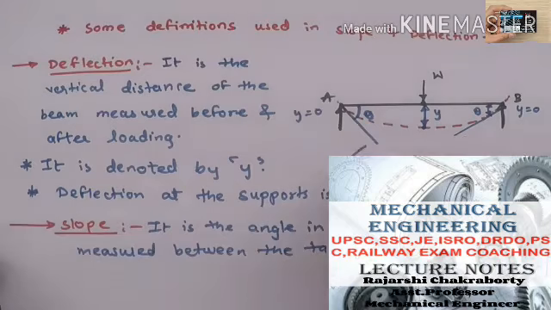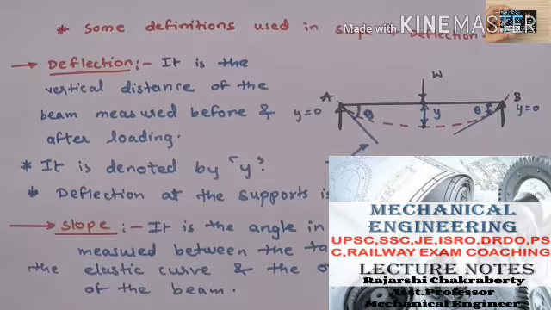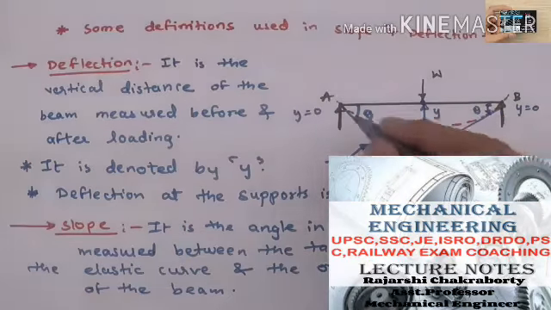Here we have the tangent. So the angle measured in radians between the tangent to the elastic curve and the original axis of the beam.